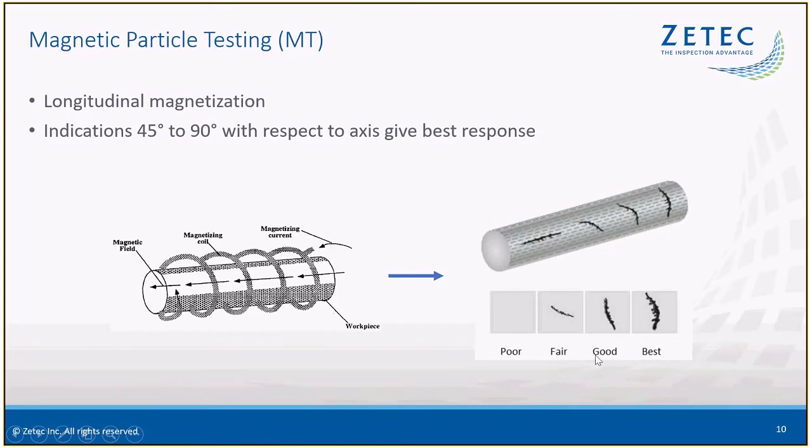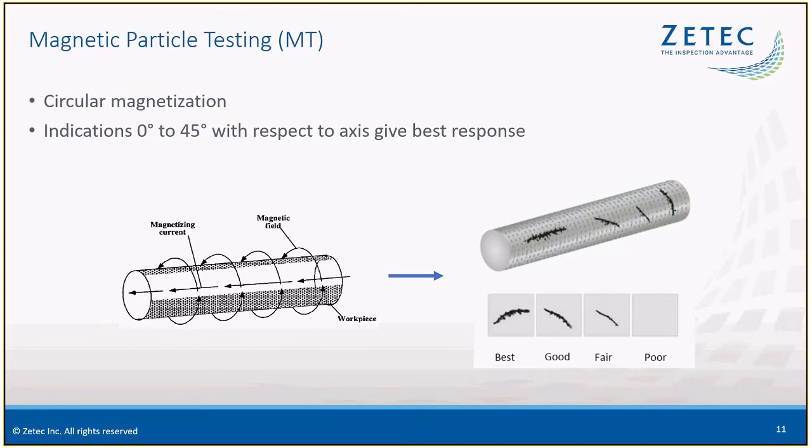So to address this, a second magnetization is done where you apply your magnetizing current straight through the part, and now your magnetic field goes in a circular motion, and now you pick up things that were in that axis orientation, and that will resolve, and then the perpendicular ones will not resolve.